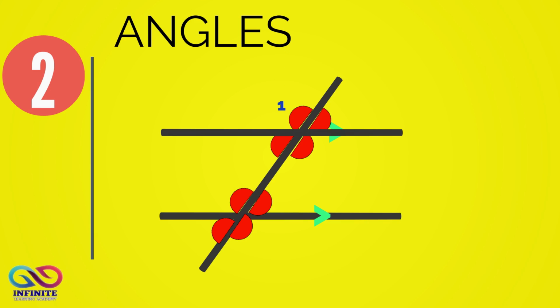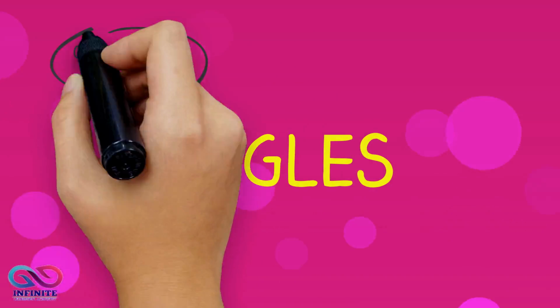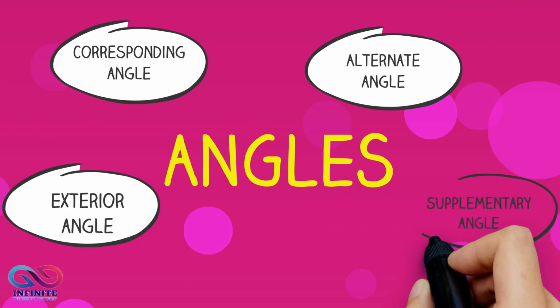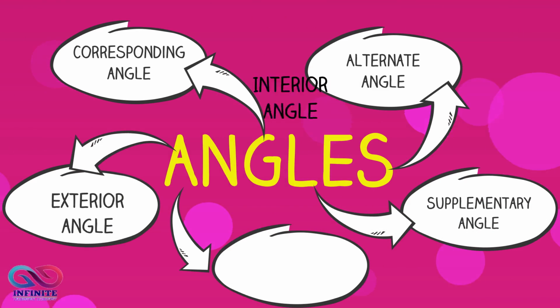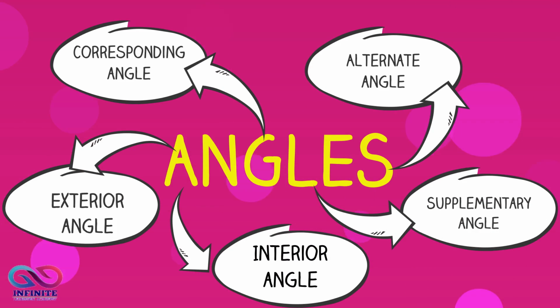There are 8 different angles in a transversal. They are placed into 5 different categories. Next, let's look at the angles formed through a transversal line: corresponding angle, alternate angle, supplementary angle, interior angle, and exterior angle.